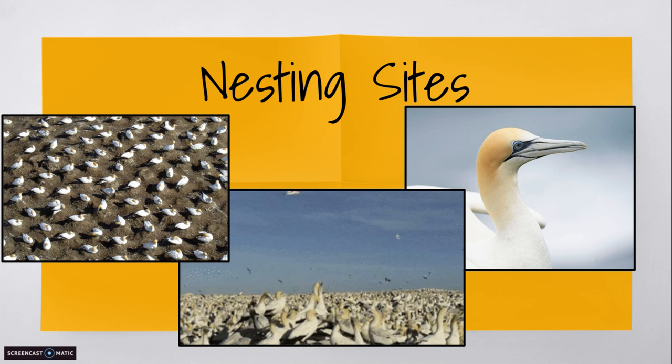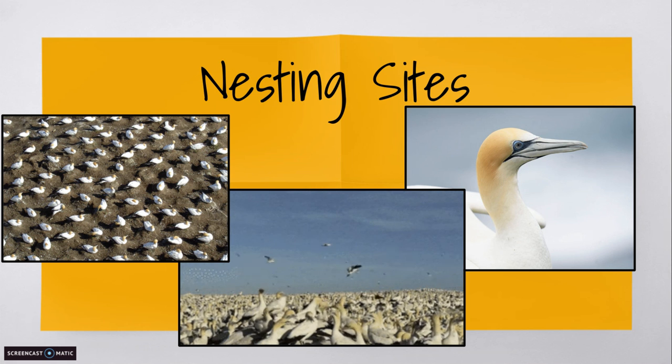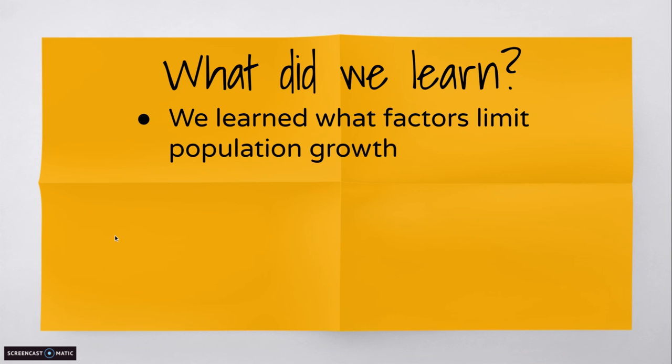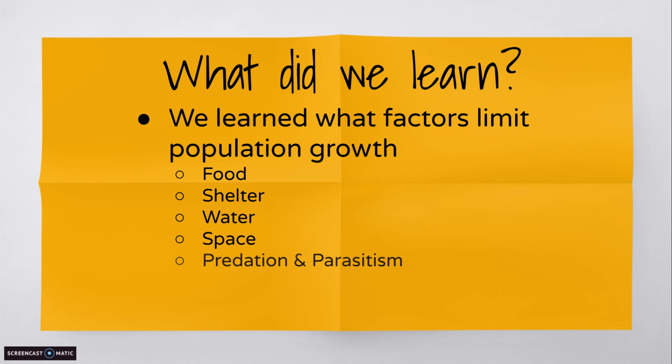All right, so that's the last slide of this presentation. It's pretty short and sweet. So what do we learn? We learned what factors limit population growth, right? Food limits population growth, as does shelter and water and space and predation and parasitism and nesting sites.